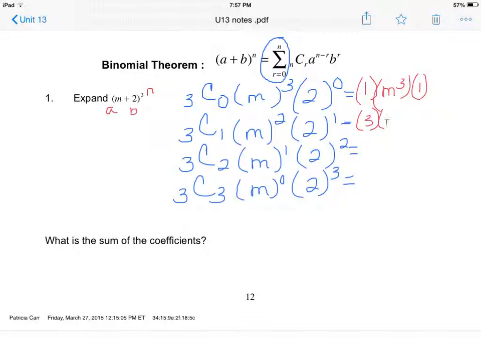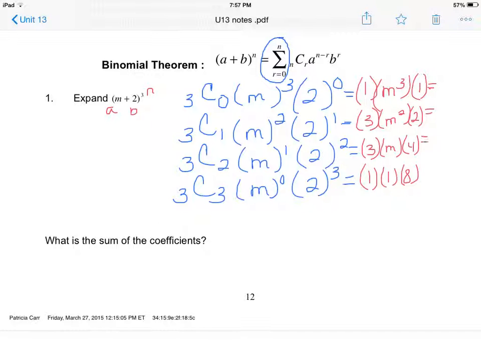M to the second power is m squared. 2 to the first is 2. 3 things taken 2 at a time is also 3 for a combination. M to the first is m. 2 to the second is 4. Combination of 3 things taken 3 at a time is 1. M to the 0 is 1 because anything to the 0 power is 1, and 2 to the third is 8. So now we've got to see what these equal.